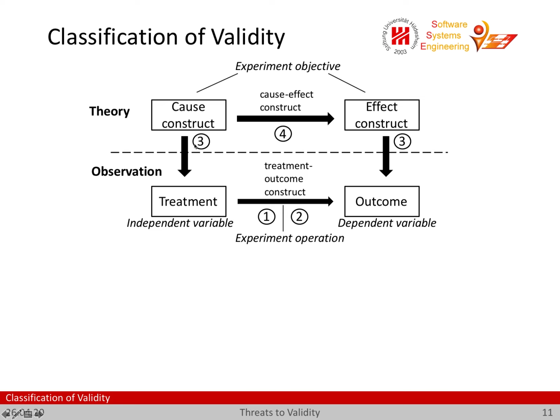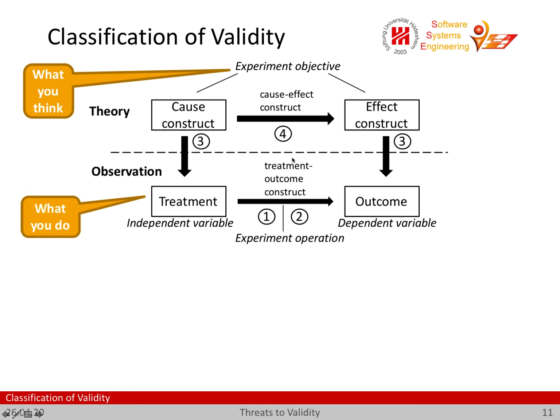And there is a certain relation between the cause construct and the treatment, respectively the effect construct and the outcome. And this is basically the translation. So the experiment objective is basically, what do you think you want to study? And this is in the theory world.